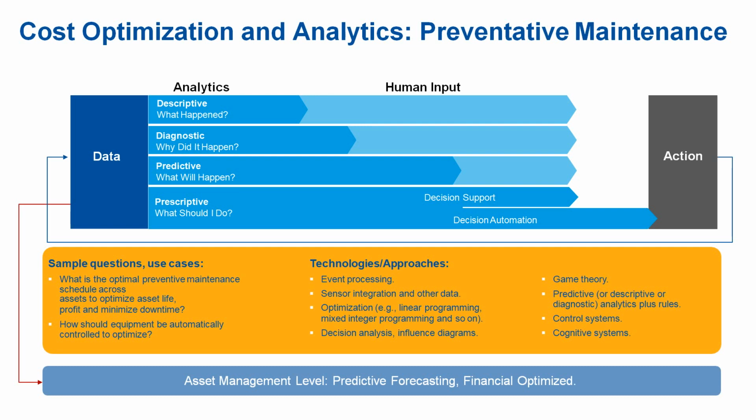These are the predictive outcomes. And how should equipment be automatically controlled to optimize? I need to get the data from it. The tools and technology which help me are event processing, sensor integrations and IoT, and mathematical models like linear programming, mixed integer programming, and so on.